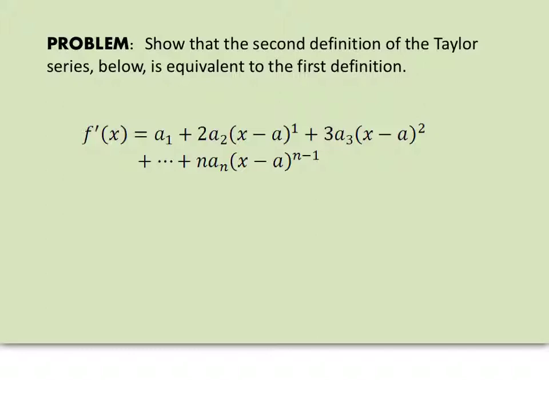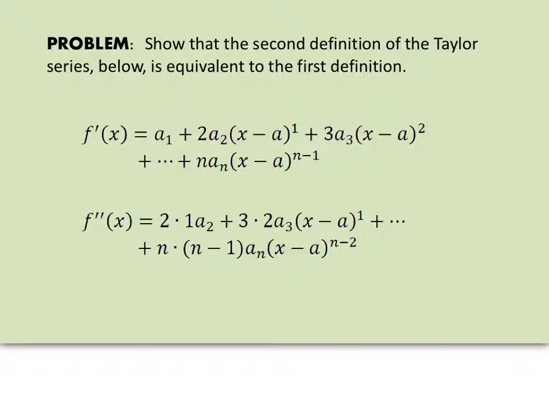The second derivative is just going to be 2 times a2 plus 3 times 2 times a3 times the expression x minus a, and so on. F double prime of a is just going to be 2 times a2.